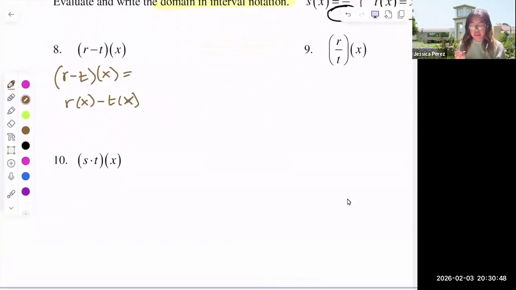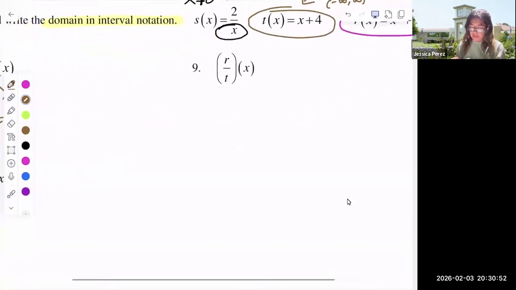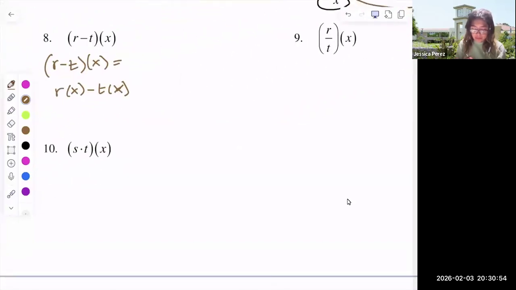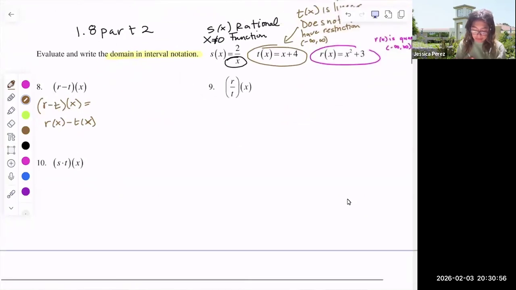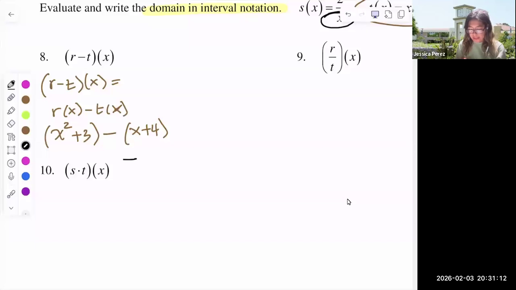So for the subtraction between the two, we have r of x, which if we rewrite it, is x squared plus 3. That's going to be subtracted by x plus 4. Then we clean it up. Here we're going to distribute that negative.